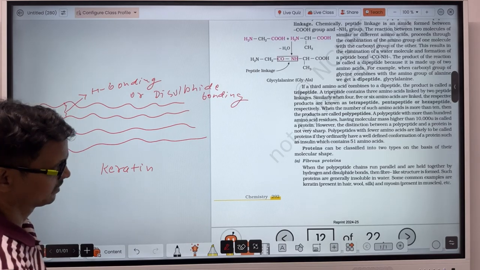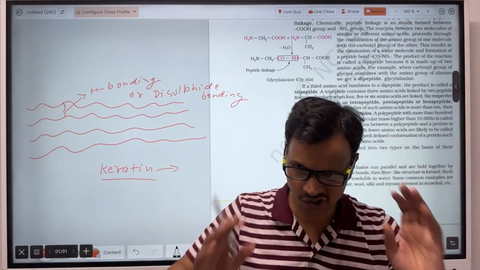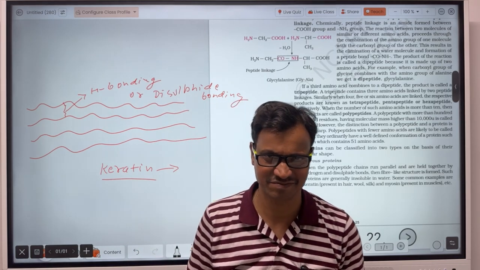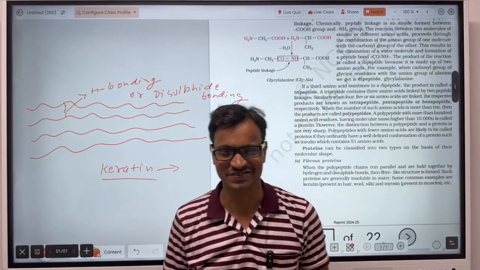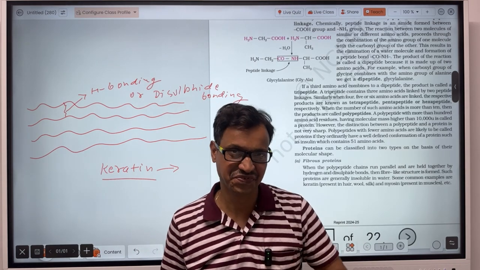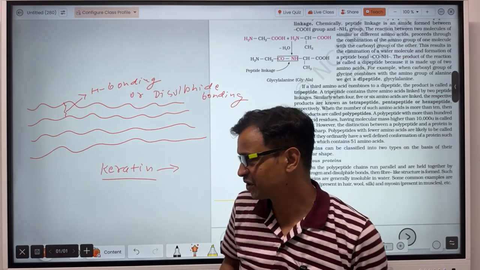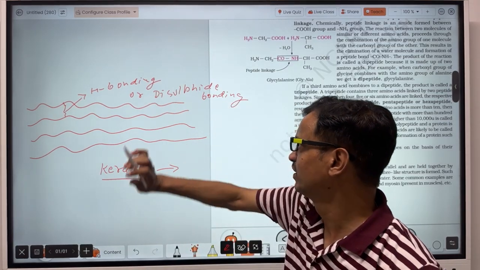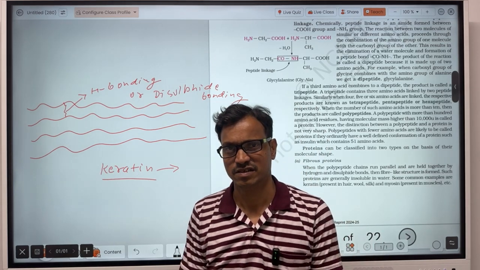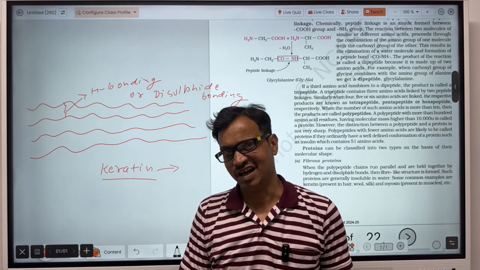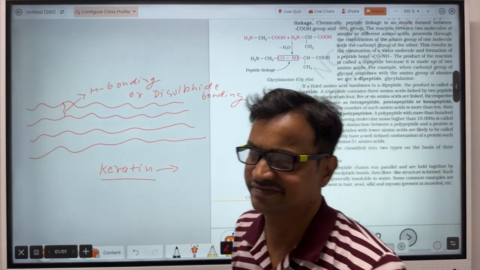And also nails, horns of animals such as buffalo, cows and goats, and hooves. These are types of keratin protein, which is a type of fibrous protein.